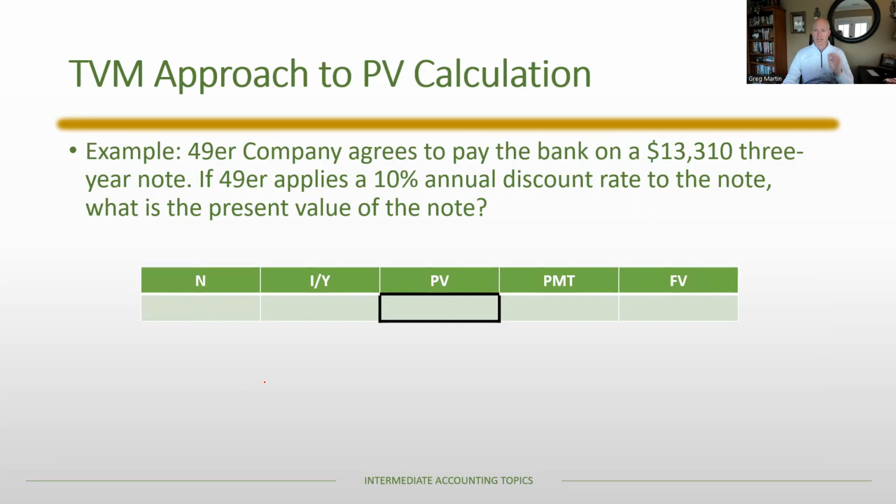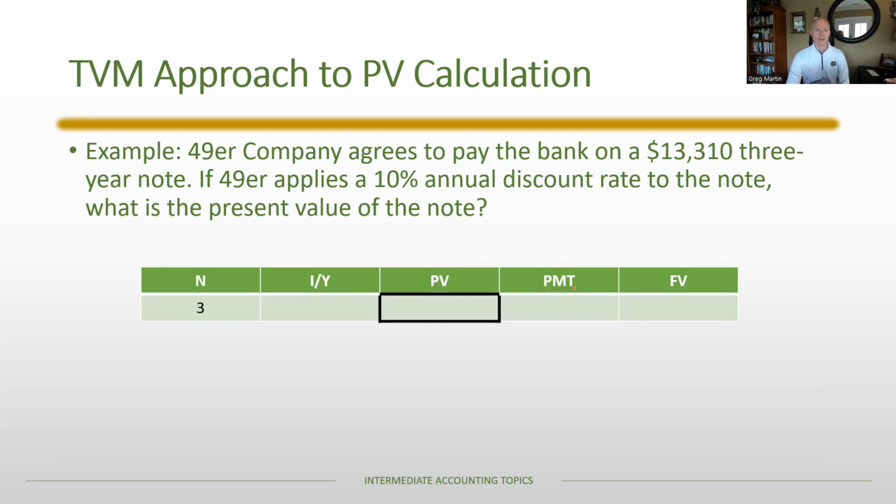I always put something in for every single one, even if something, in this case, like payment, there really isn't one, I'm going to specifically tell my calculator that the payment is 0. And so I make sure I put everything in. And so again, hopefully this is something that you can do. If you want to pause to do it on your own, that's fine. But I'm going to keep rolling here.